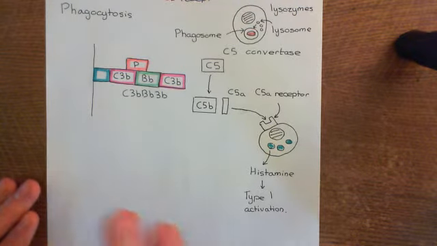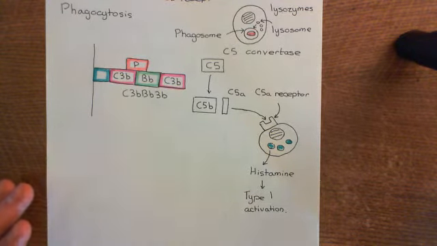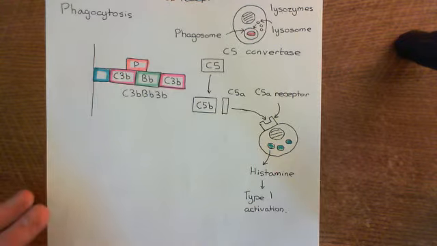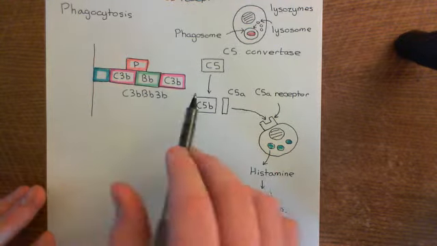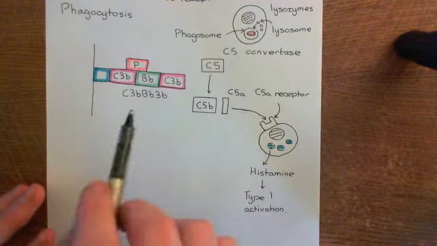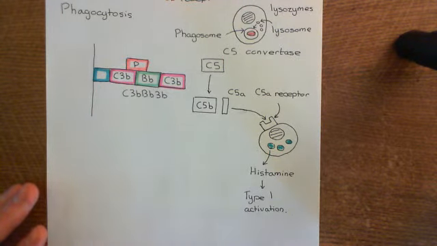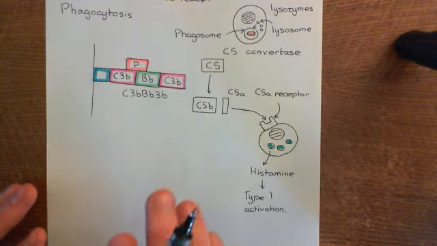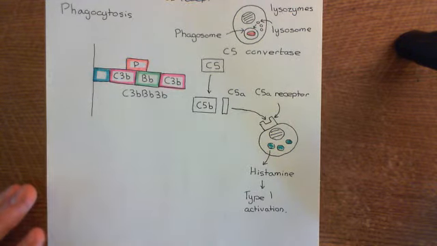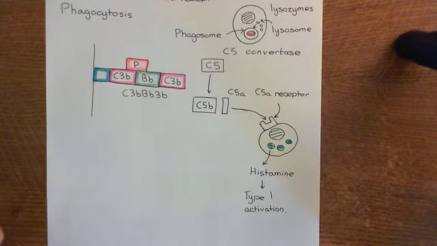C5a is contributing along with C3a to increasing the inflammation, because if this reaction is occurring, it's showing that there are still microbes present. So that's why you want this positive feedback of the inflammatory response, because if this reaction is occurring, it means that there are microbes in there, and therefore we need to double up our efforts, basically.